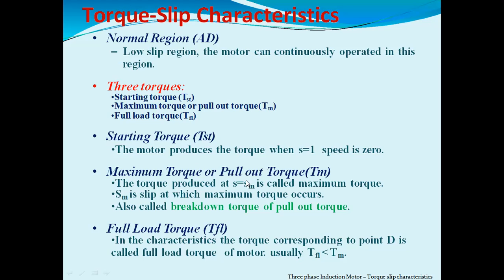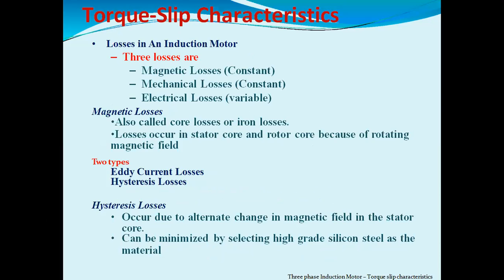When S equals maximum slip, that torque we call the maximum torque. And when the load is at maximum full load, the torque corresponding to point B in the characteristics is called the full load torque. The full load torque will be less than the maximum torque.